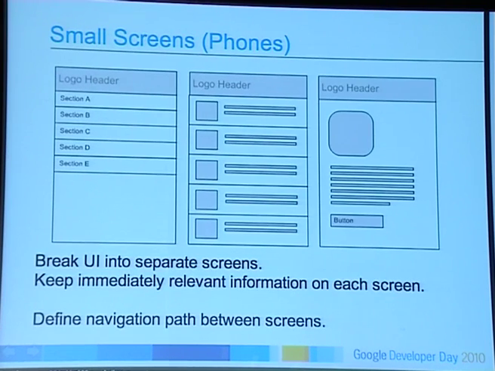When you break it further apart, you get to a format that's maybe suitable for a phone. So here we have 3 different screens. We navigate from one screen to another. And maybe when you press the back button at this point, you go back all the way. So you want to make sure you have the UI broken up into relevant small pieces. And at that point, it also becomes important for you to define what is the navigation path between those screens.